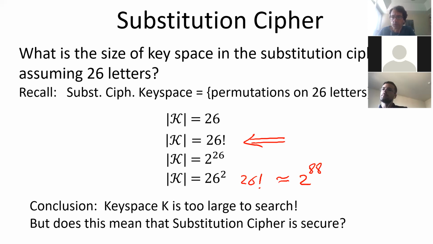So from 2 to the 45, I went to 2 to the 65. And the probability that I hit this permutation is 2 to the 65 divided by 2 to the 88, so it's 65 minus 88, which is minus 23. So it's 2 to the minus 23.